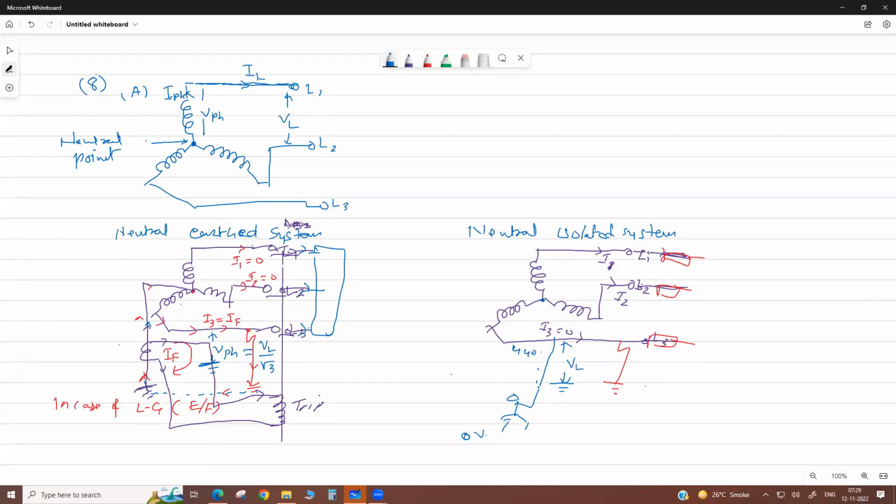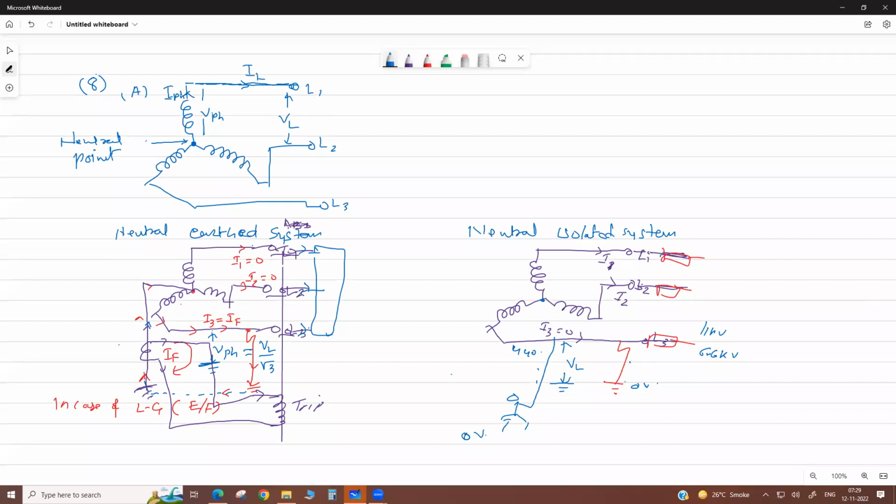So no current passes, but in a high voltage system like 11 kV or 6.6 kV there are chances of flashover. Due to the high potential against zero potential, there is a flashover. Flashover means arcing, and then direct burn injury will occur.